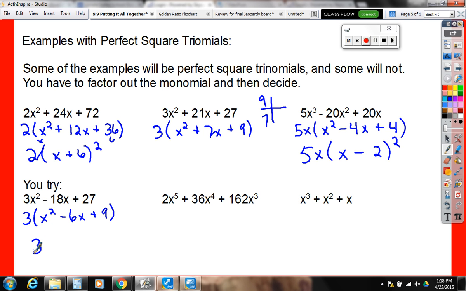Can you factor the perfect square trinomial? x minus 3 to the second power. Not x plus 3, because this middle term is negative. Good, very good. Don't forget, if the middle term is negative, you have to use the negative square root, not positive square root. Okay, middle one.